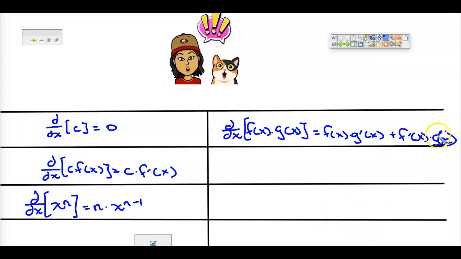And again, this order wouldn't matter. And then we talked about the derivative with respect to x of f of x all over g of x.